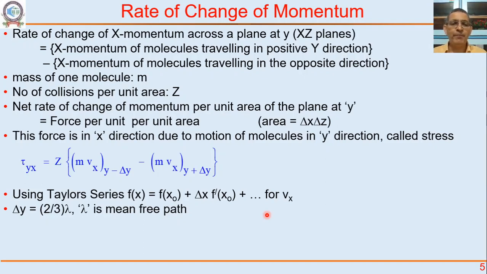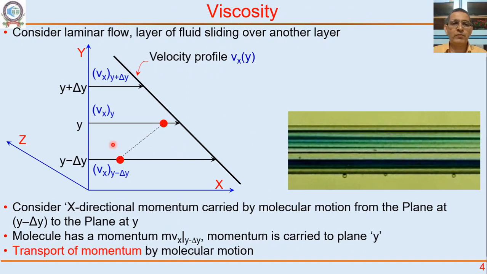Think about it this way: let's say three of you are standing in a row. This person is moving at 1 meter per second, this person is moving at 0.5 meters per second, and this person is stationary. And all three are holding hands. So if this person is moving at 1 meter per second, it is going to pull this person, and this person is going to get pulled in the x direction.